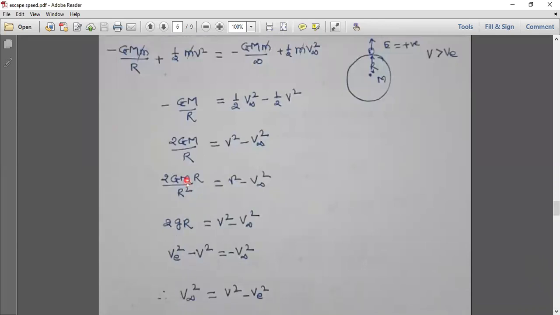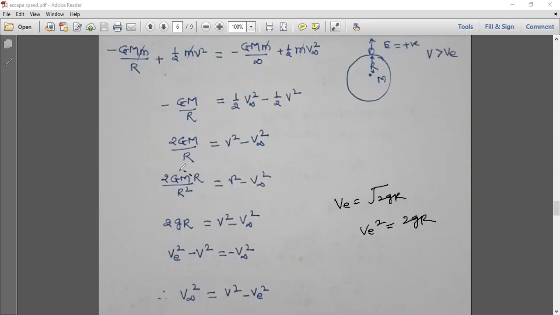So after substitution of this r or this g, 2gr is equal to v square minus v infinity square. And again v square I have transferred here. This is nothing but escape speed. We know v_e is equal to root 2gr, so v_e square is equal to 2gr.